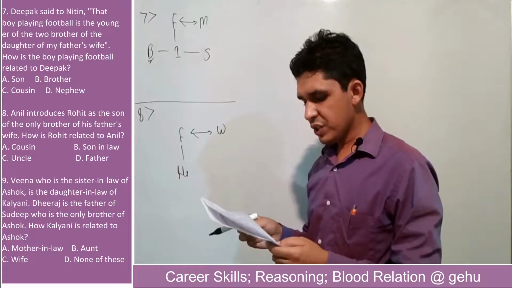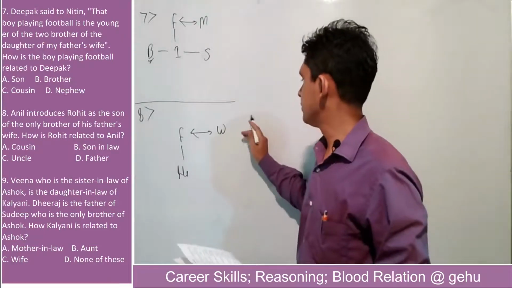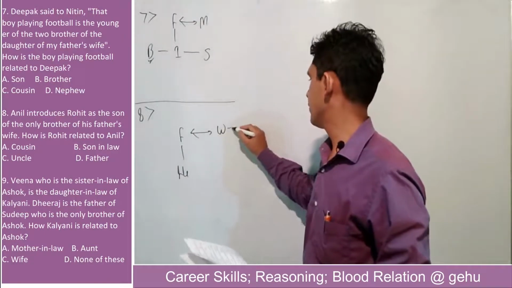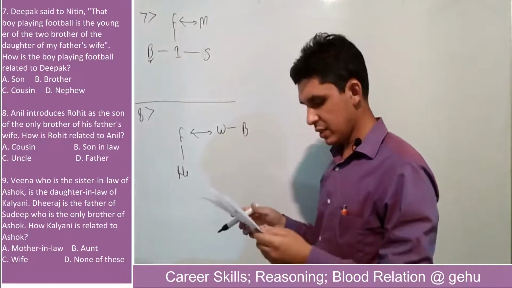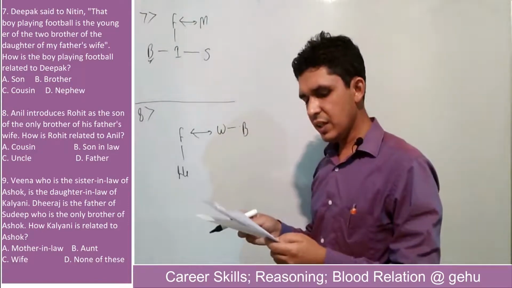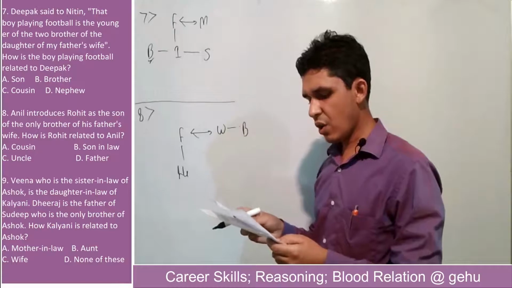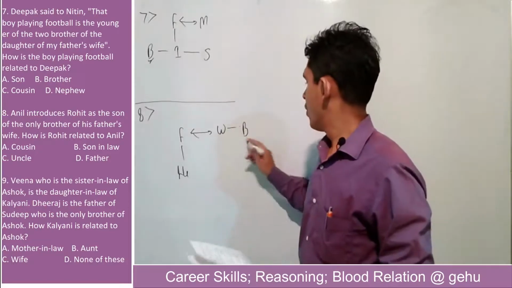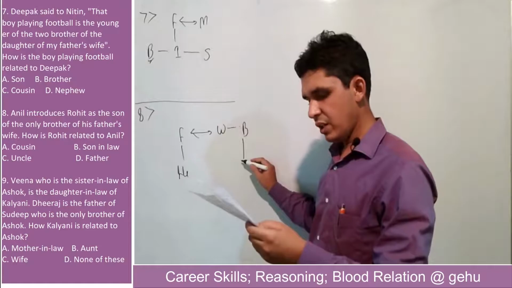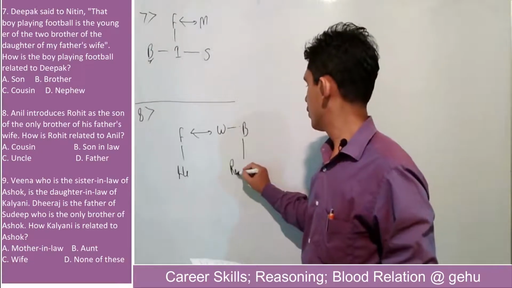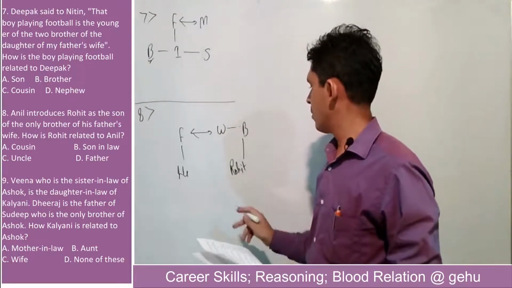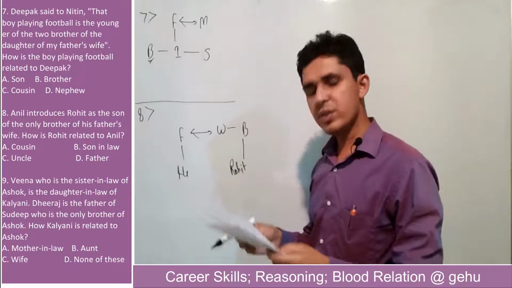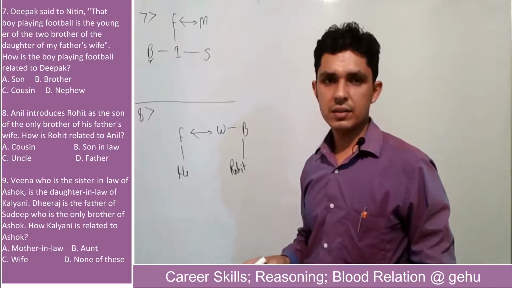Only brother of his father's wife can be drawn like this. And this is Rohit. So about Rohit and he, who is he? He will be cousin, right?